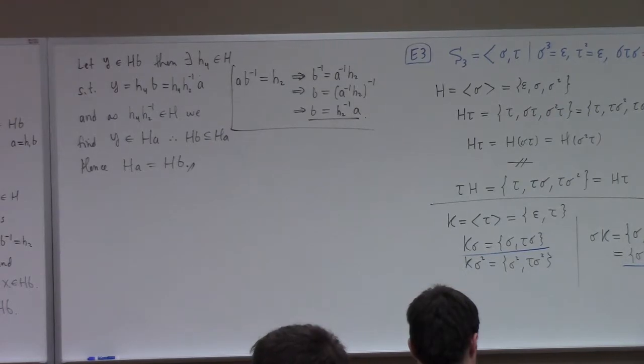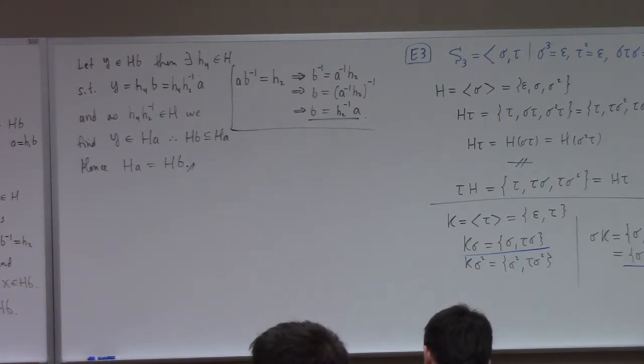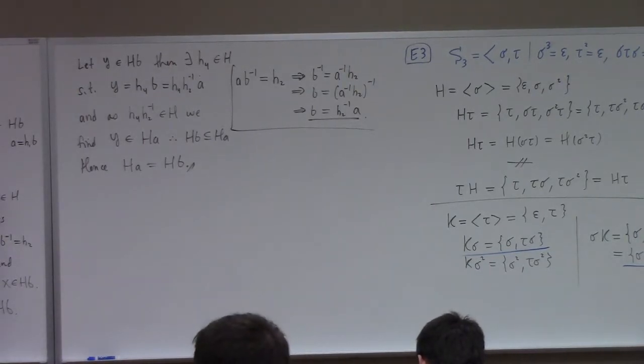Okay, so let's see here. I said that we could get 2 with 3. How does that go? Would you guys see it? Let b equal 1. I'll put it here. We set b equal to 1.